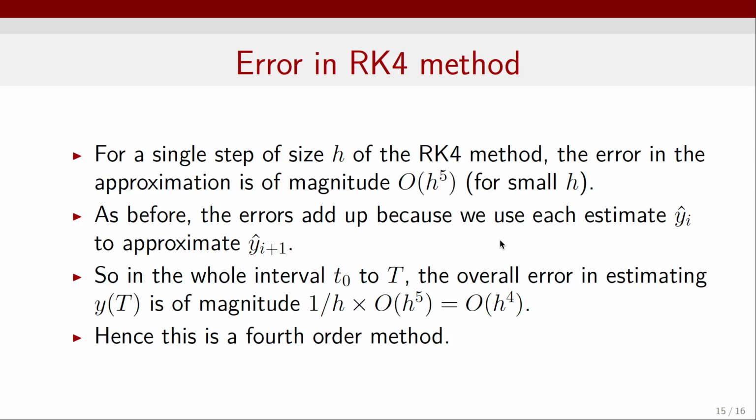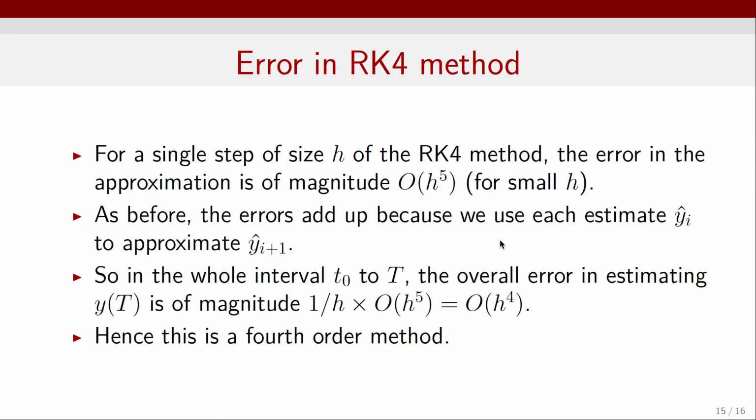And as before, the errors add up because we estimate yi plus 1 from yi, and then yi plus 2 from yi plus 1, and so on. So there is an overall error term that we pick up in each of those time steps.